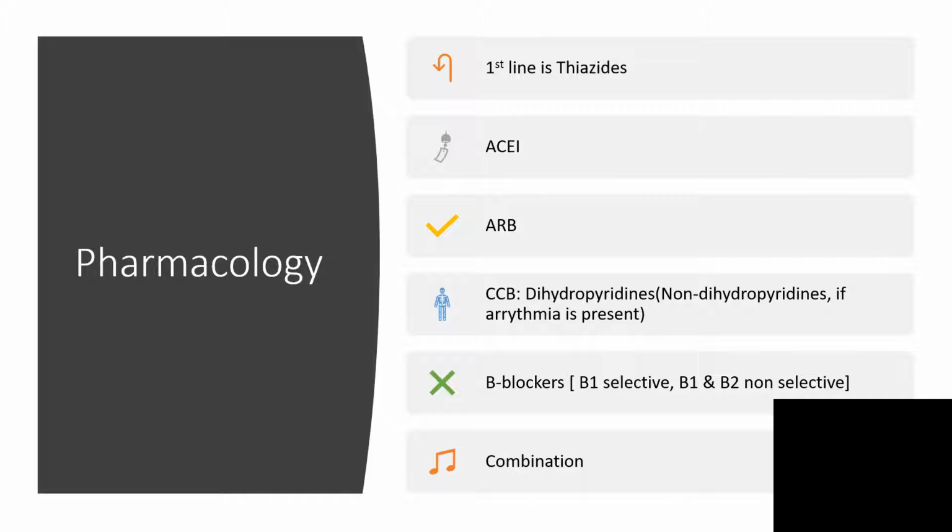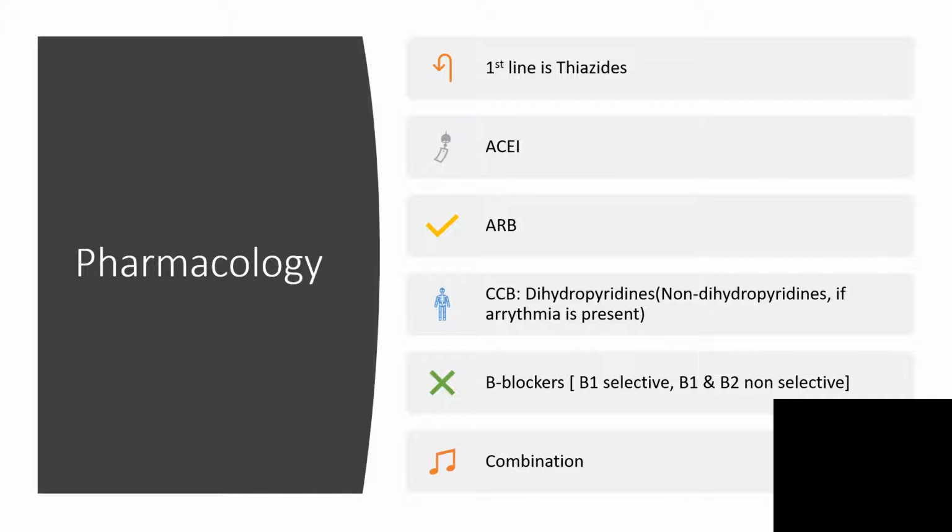Then we use ACE inhibitors, that is angiotensin converting enzyme inhibitors, the host of them. But if there's allergy and that presents in the form of angioedema, then we use angiotensin receptor blockers. Don't worry, there's another video coming where I'm going to talk in detail about all this.